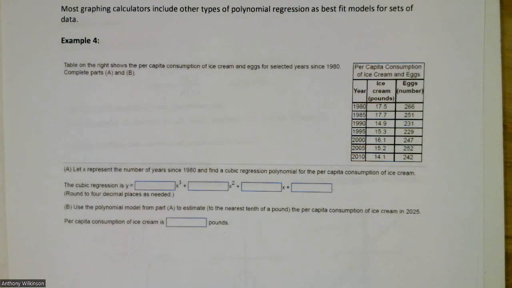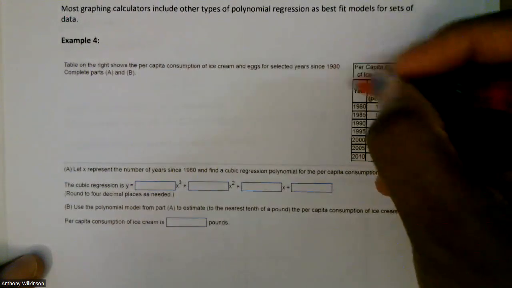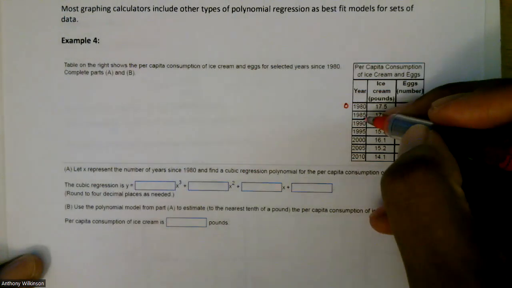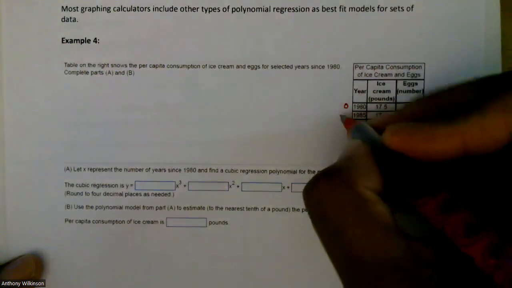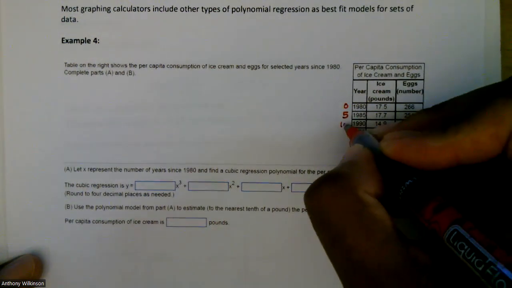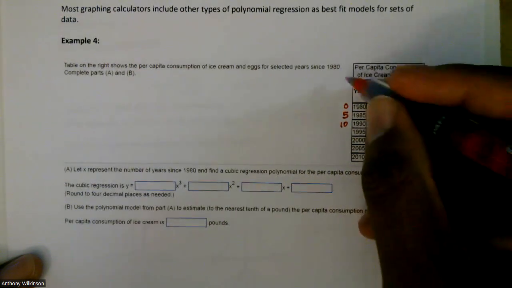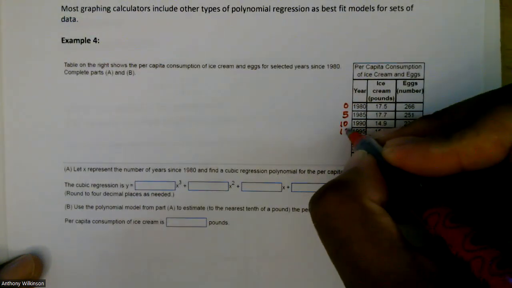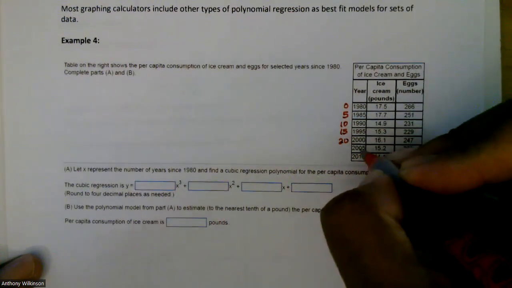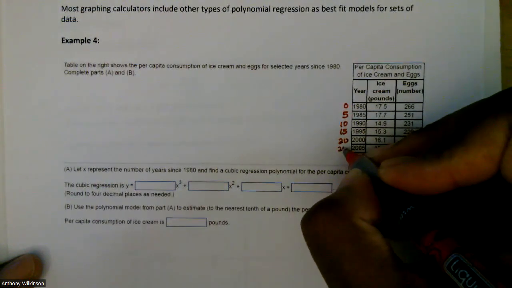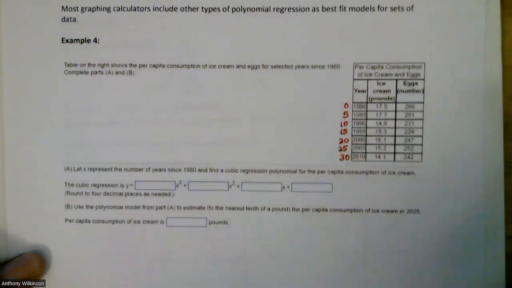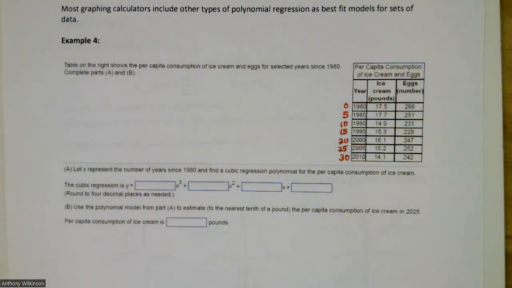If I subtract 1980 from 1980, it's going to be 0. 1985 minus 1980 would be 5. 1990 minus 1980 will be 10. 1995 minus 1980 will be 15. 2000 minus 1980 will be 20. 2005 minus 1980 would be 25. 2010 minus 1980 would be 30. That represents the number of years since 1980.